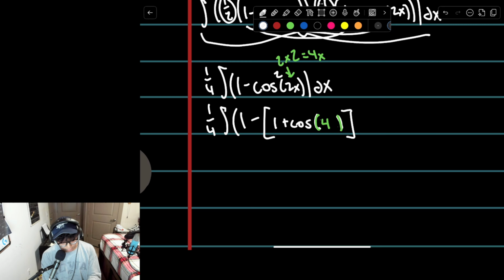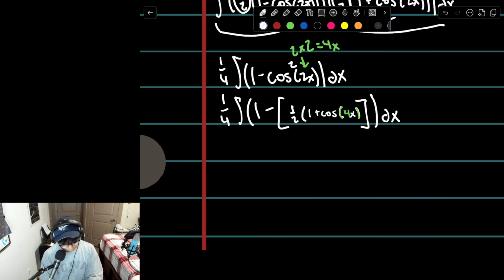So then now we are finally integrating 1 minus 1 plus cosine of 4x. Oh, I apologize, I forgot my 1/2. Hopefully that didn't confuse you.